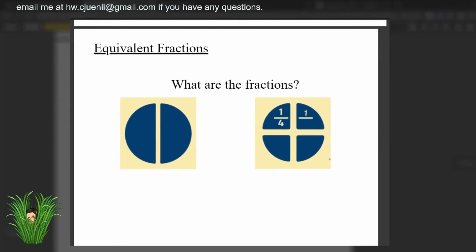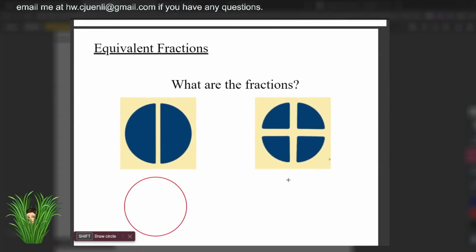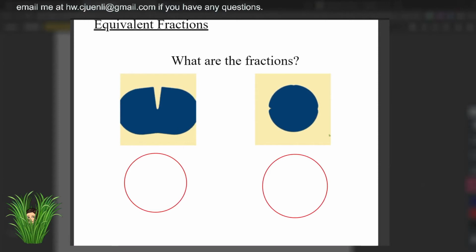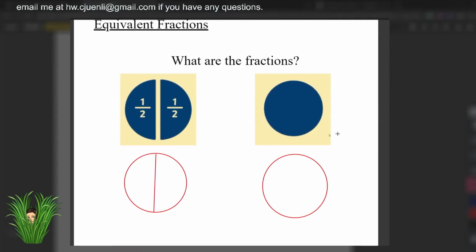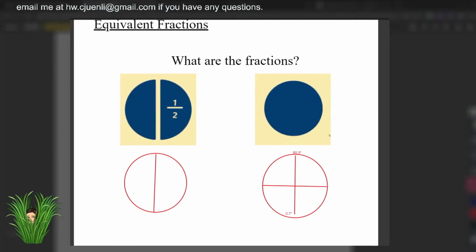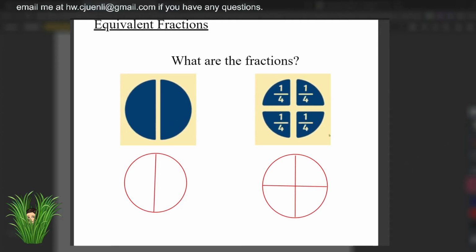If I draw a very simple drawing, you don't have to draw this, there will be two different circles. I'm going to give one half for this, just like the picture in the GIF, whereas the other one is a quarter, or 4 slices of pizza, like what we have learned in class.